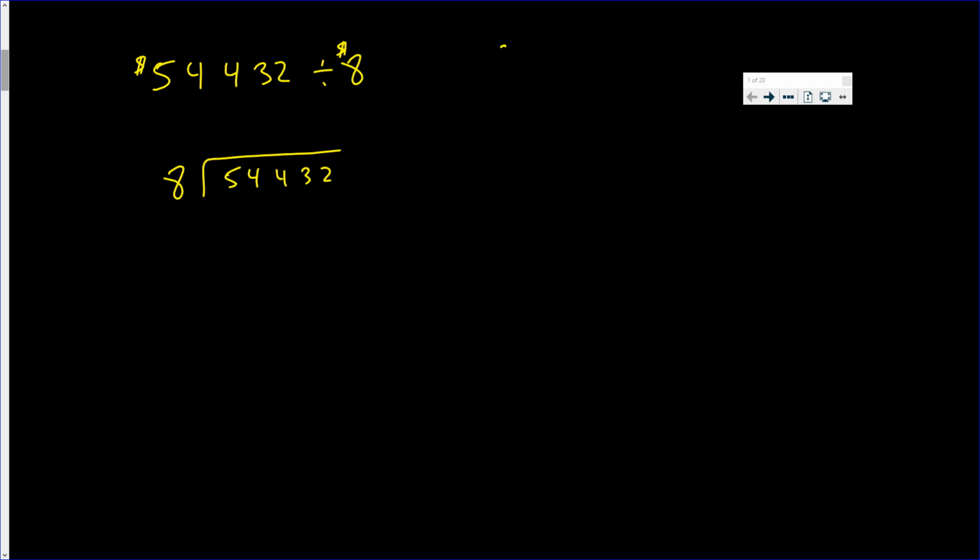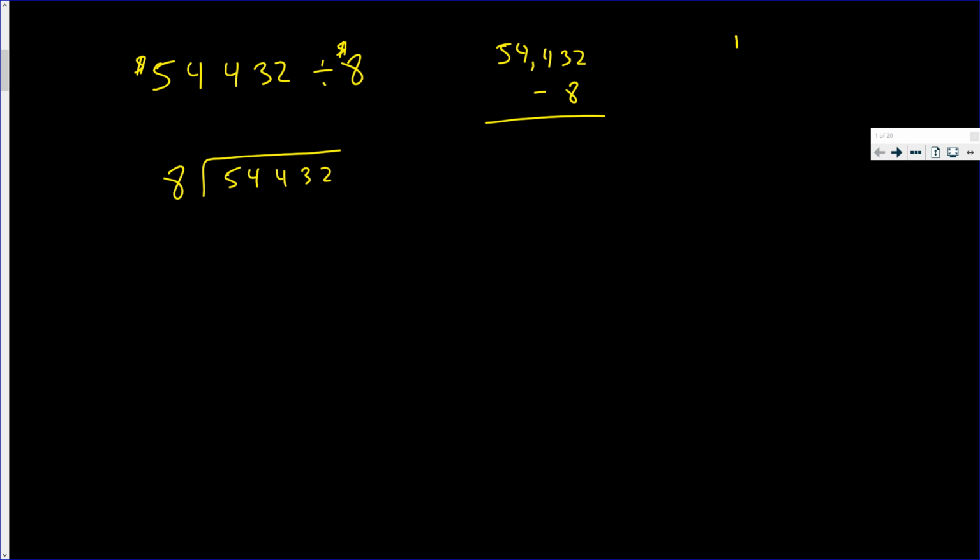Well, one way of doing it is, if you really don't understand any of this about division, you can take away 8, and I'll have $54,424. I'll take away another 8, that's the second one, and I'll have $54,416. I'll take away another 8, I'll have $54,408.